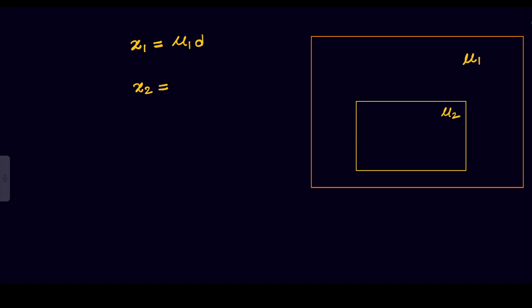One light ray passes through this distance, d. This is light ray 1, and this is the second light ray. The distance is d from here to here.